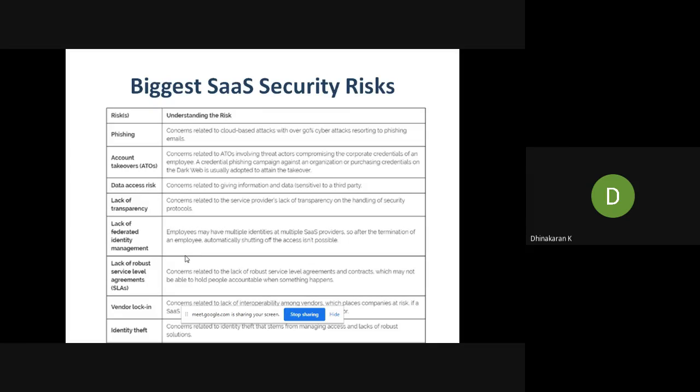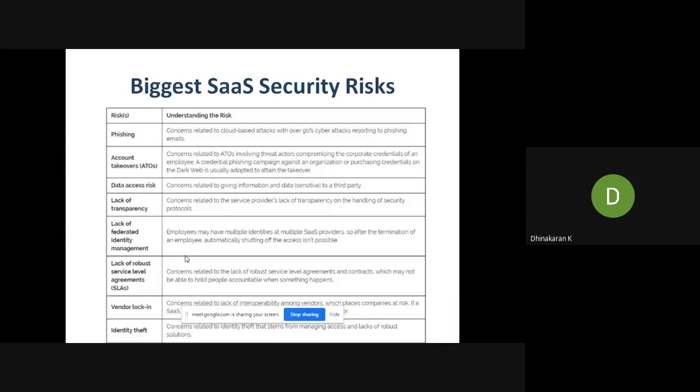So we have multiple service providers, and I have multiple credentials to access them. After the termination of an employee, automatically shutting off the access isn't possible. So we try to manage the federated identity. Once we terminate the employee, we can revoke access permissions and manage all those things. So that is one of the risky parameters.